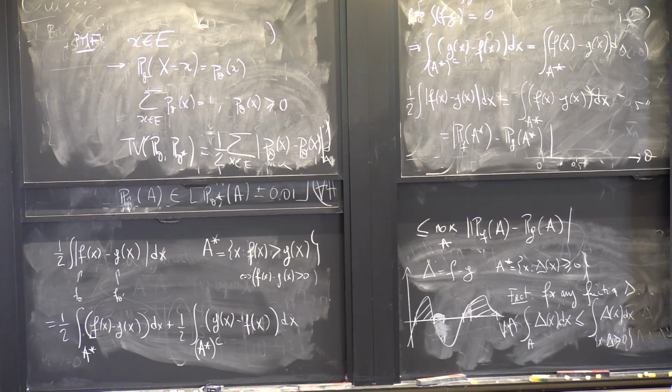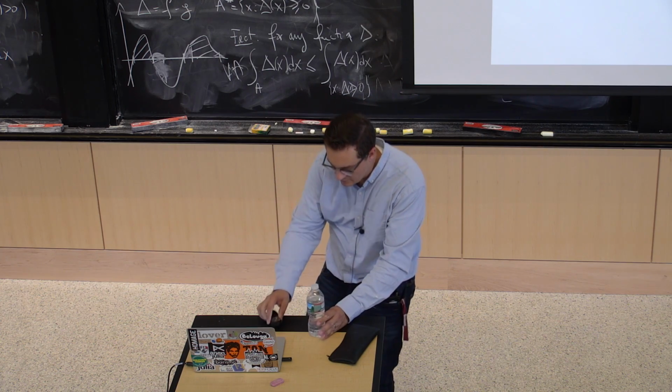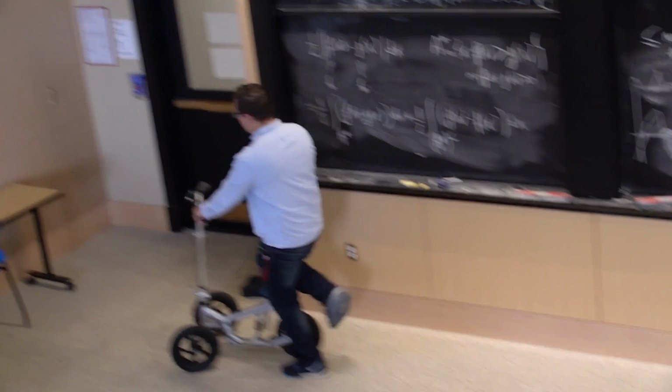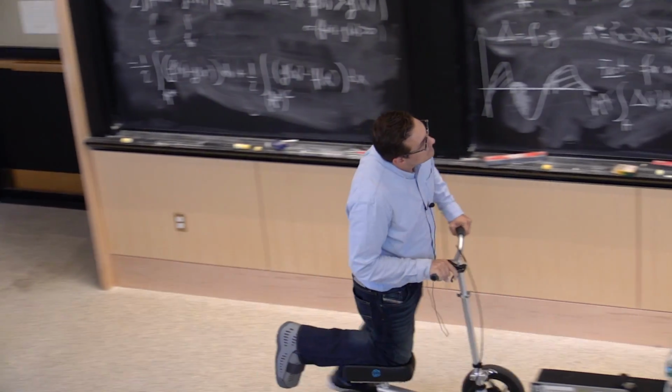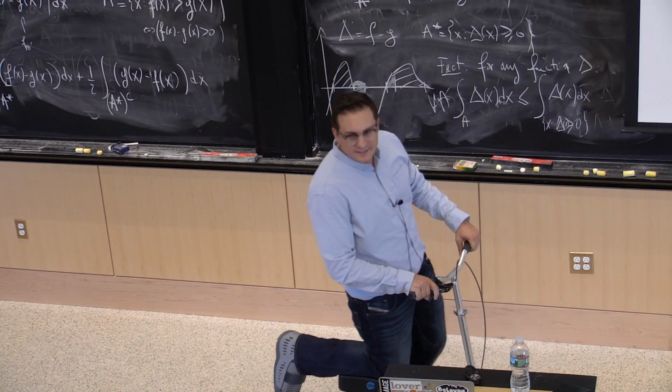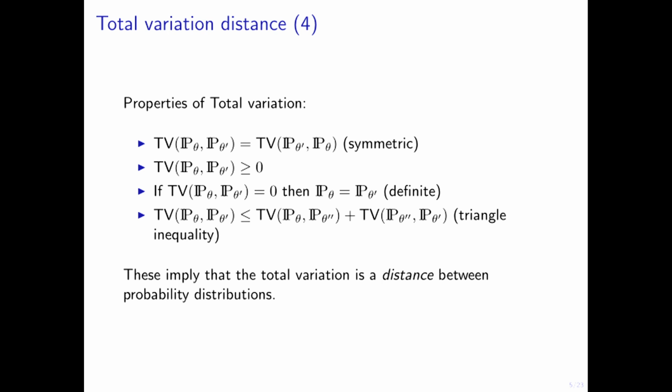All right, so now we have this notion of distance between probability measures. I mean, these things are exactly what, if I were in a formal math class and I said, here are the axioms that a distance should satisfy, those are exactly these things.